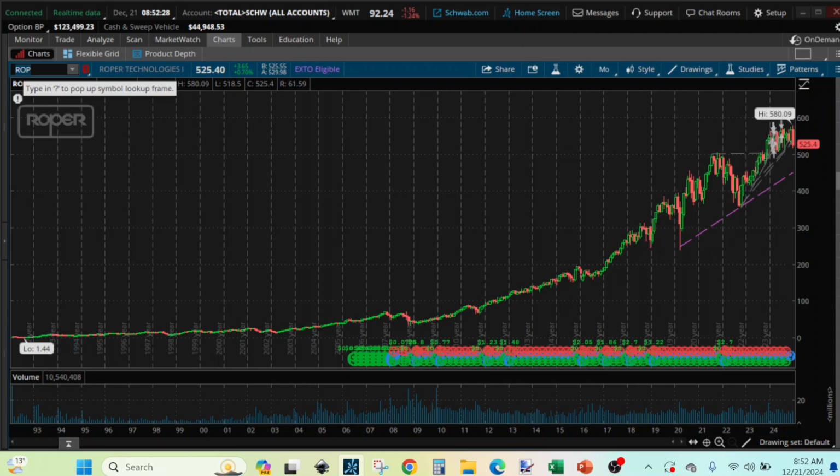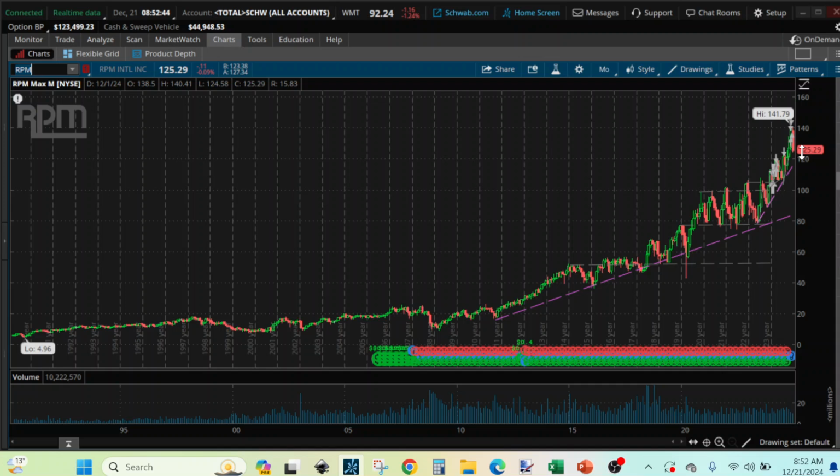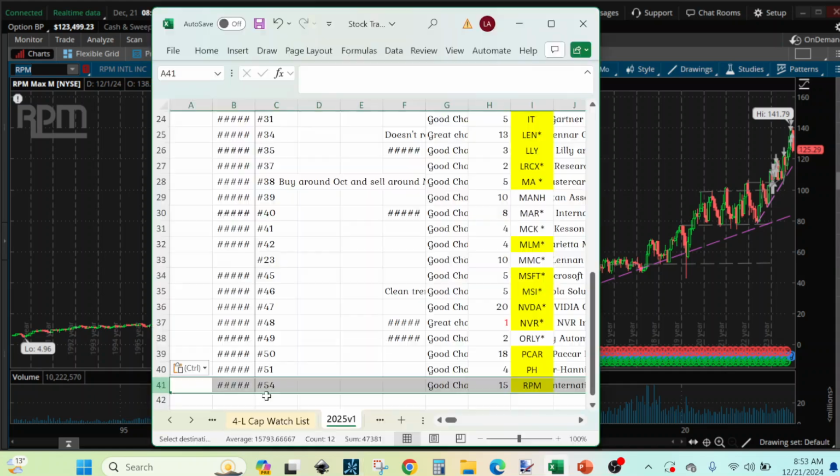RPM, the price is above previous highs, so we will keep it. I pass this first.